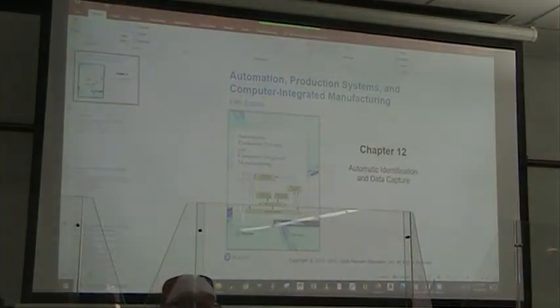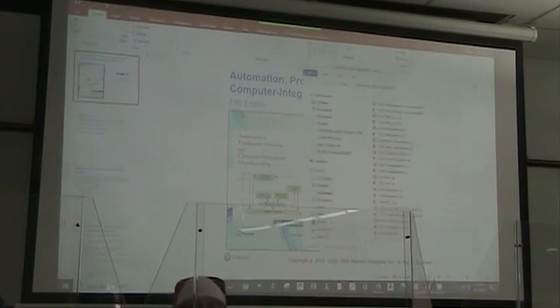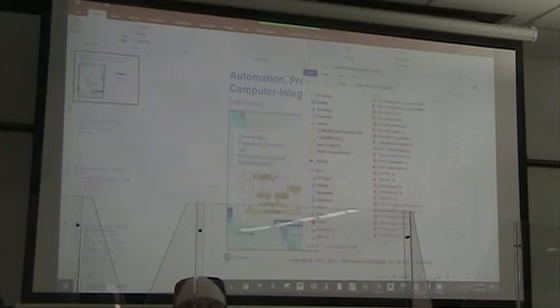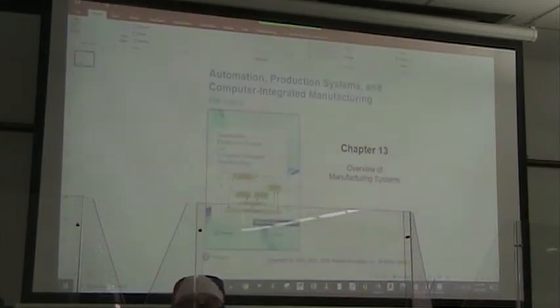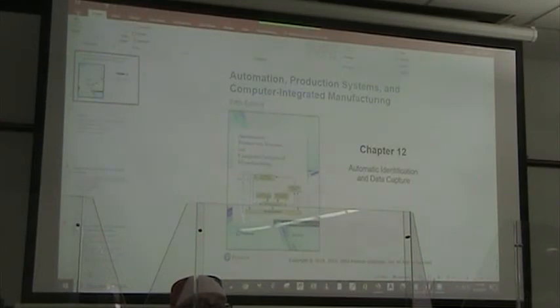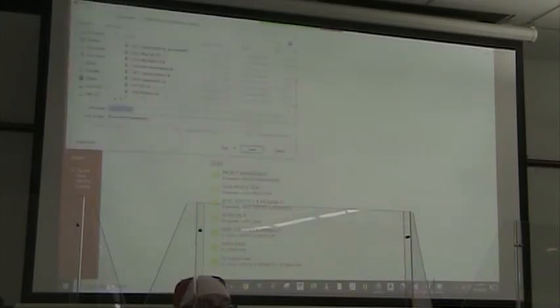All right, so that's the heavy excitement of automatic identification and data capture.